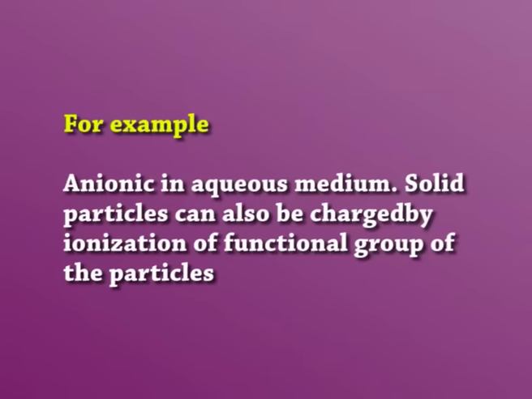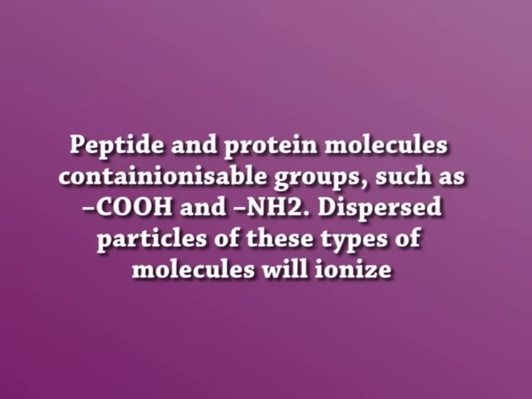The second way is that solid particles can also be charged by the ionization of functional groups on the particles. In this case, the total charge is a function of the pH of the surrounding vehicle. For example, peptide and protein molecules contain ionizable groups, as you all know, COOH and NH2 groups, and dispersed particles of these types of molecules will ionize.